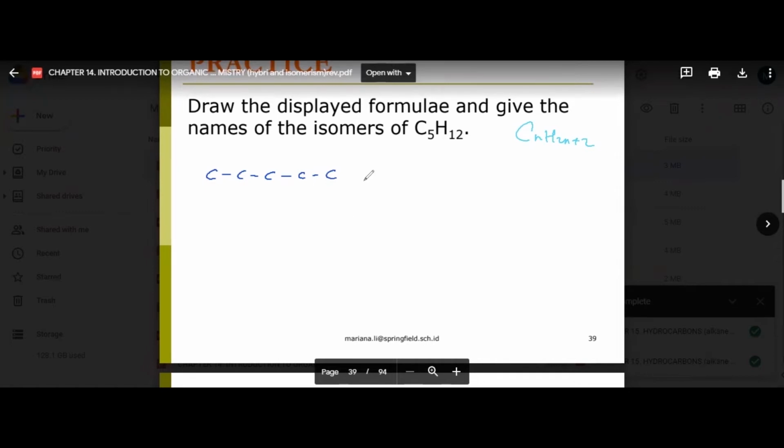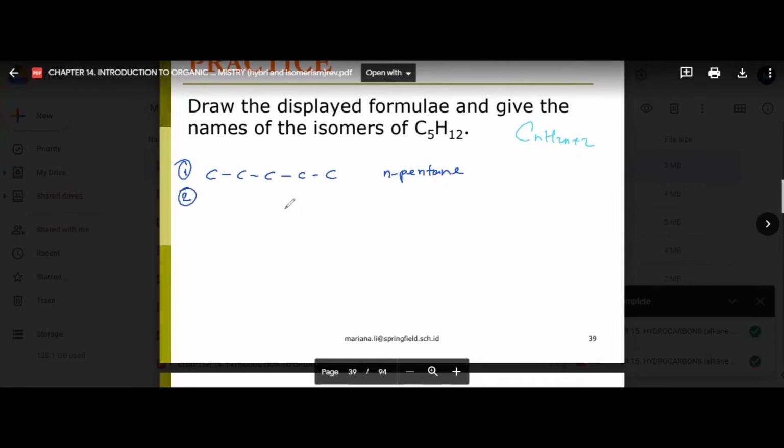But if you try naming them, you can see whether you repeat the same structure or not. This is the first isomer. What's the name? This is n-pentane, normal pentane, or you can write pentane.